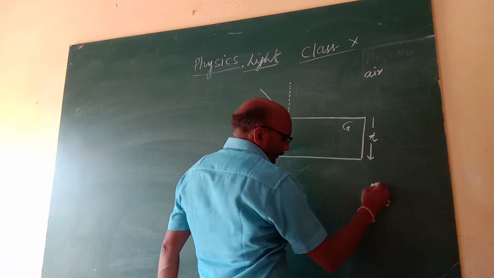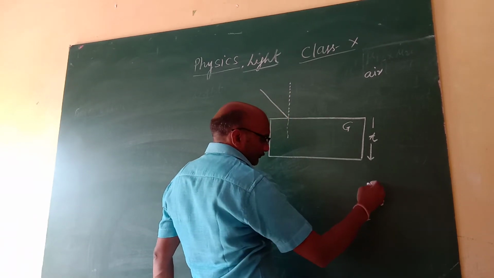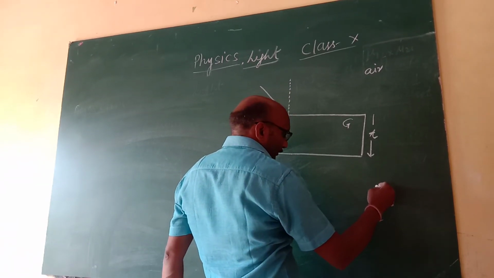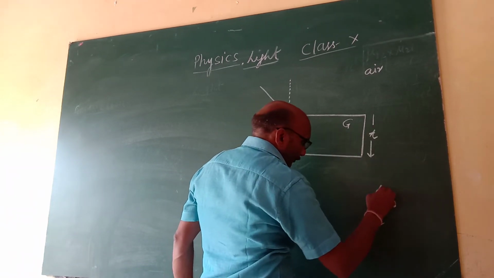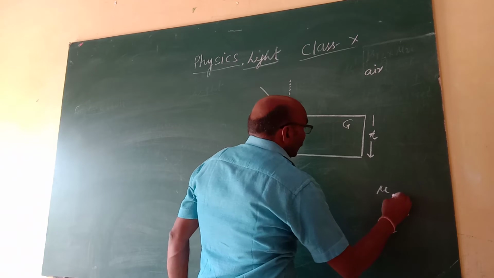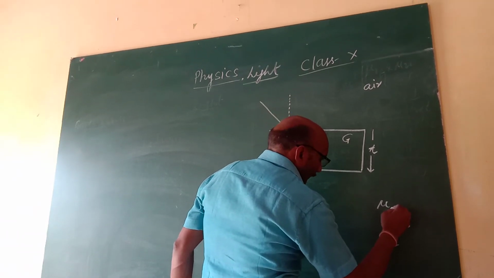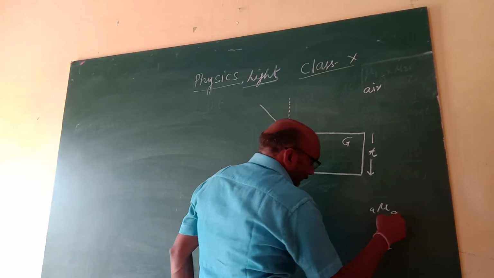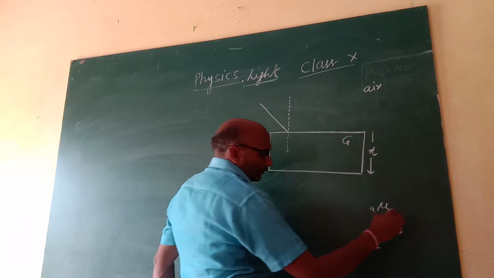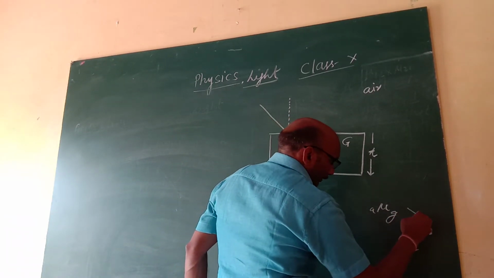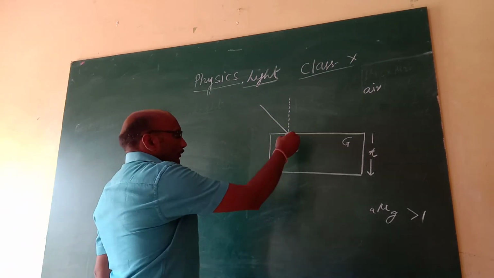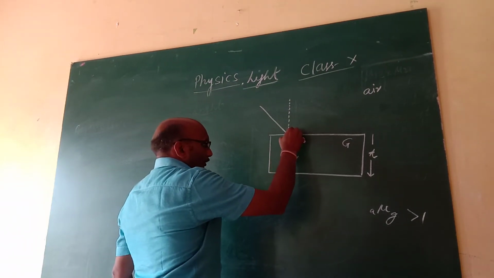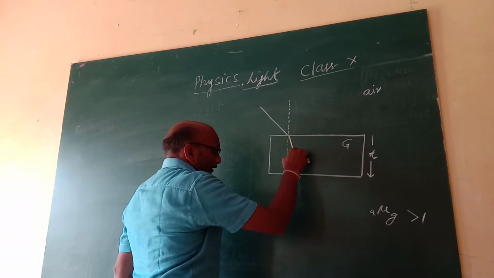So the refractive index of glass with respect to air, mu g, is more than 1. So light will bend towards the normal.